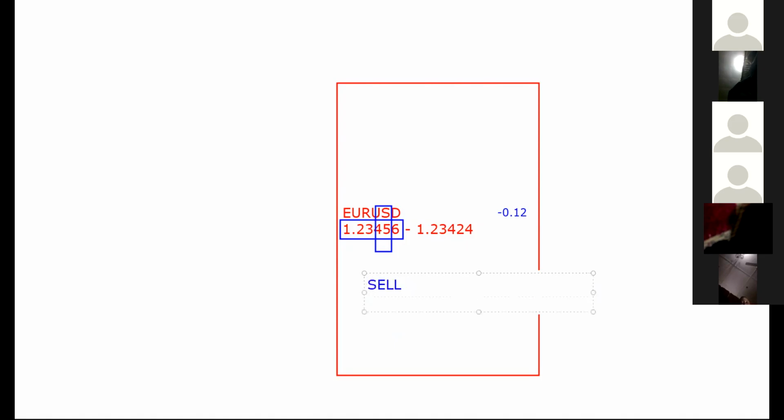Sell TP will be what? 1.23556. If you're buying, your TP value will be what? 1.23356. I subtracted 10 to get 35. I added 10 to get 55.